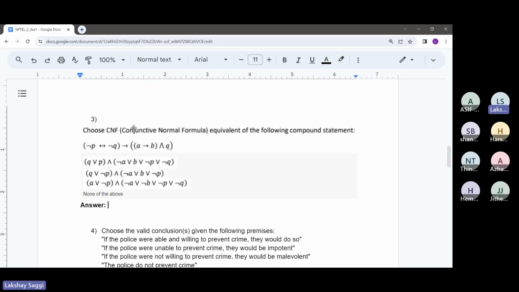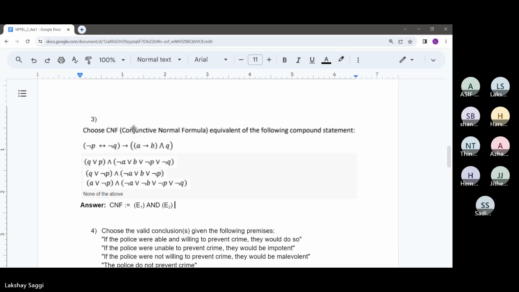You must have seen in lectures what a conjunctive normal form is. The definition of CNF, which I'll just be revising, is an expression which can be broken down into expressions of the form, let's say, E1 and E2. Basically, it can be broken down into multiple expressions separated by an and.